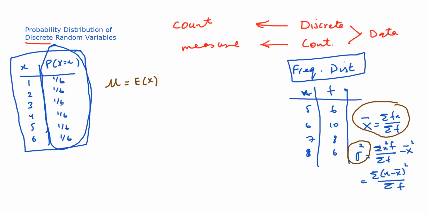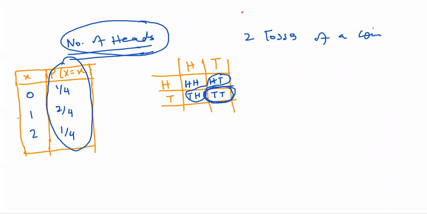If you throw a die, one can come, there's a chance of 1 out of 6. If you toss a coin twice, the probability of 0 heads is this, the probability of 1 head is this. So this is a theoretical thing, on paper, that this might happen. This is expected to happen.